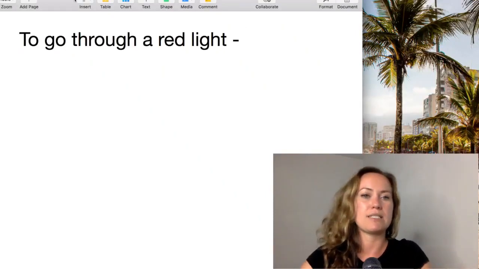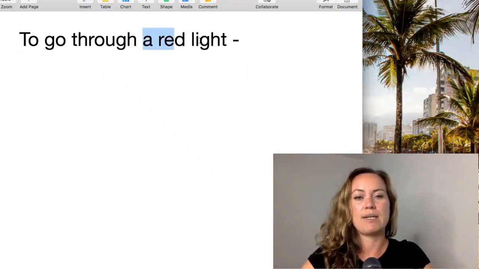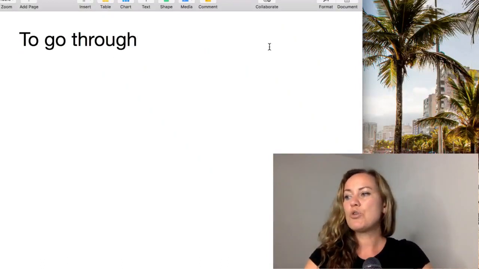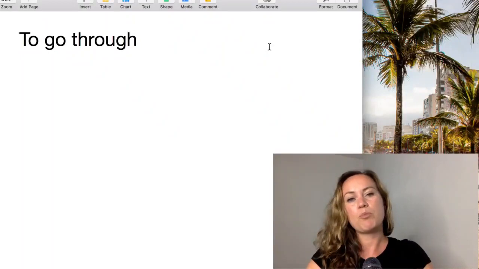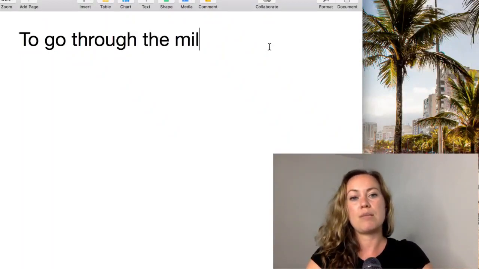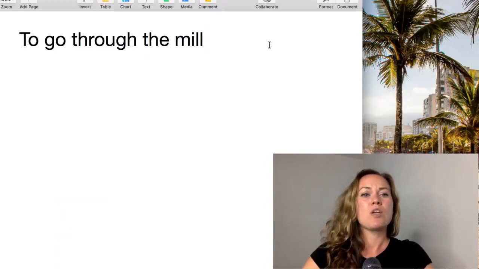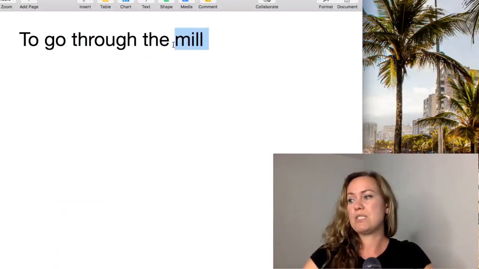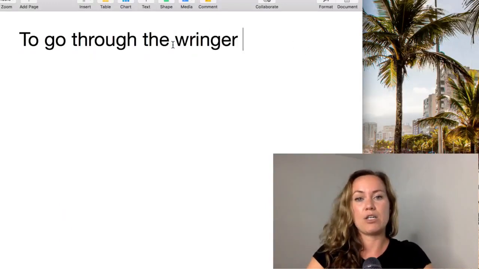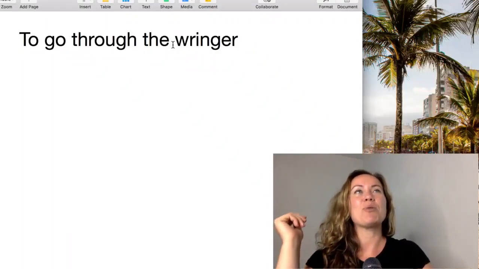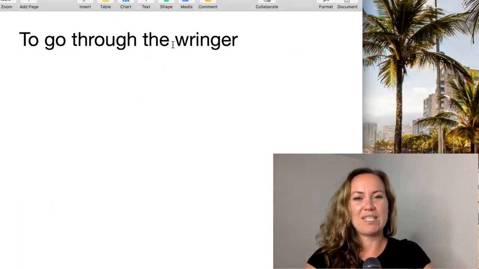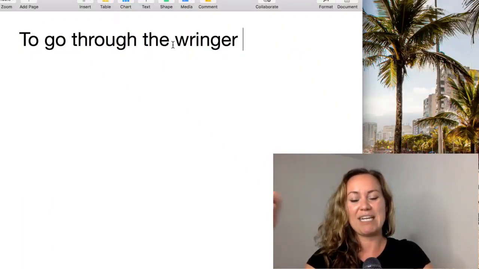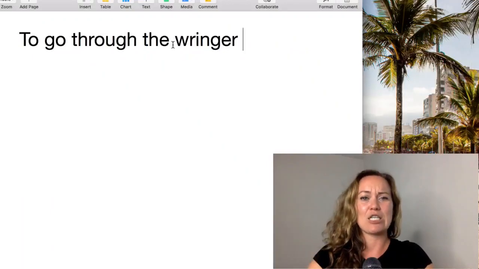You could get a ticket because it's against the law to go through a red light, of course. To go through or to put someone through the mill is to make them do a lot of work. To go through, this is the last one, the ringer, is to really put someone through an unpleasant situation where you're making them do a lot of unnecessary things.